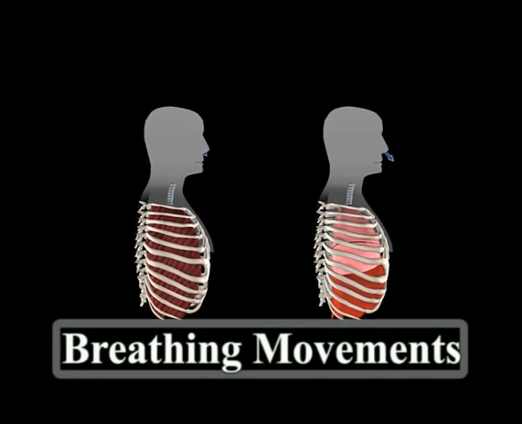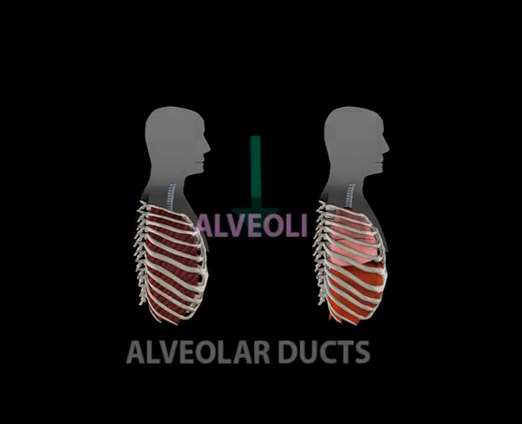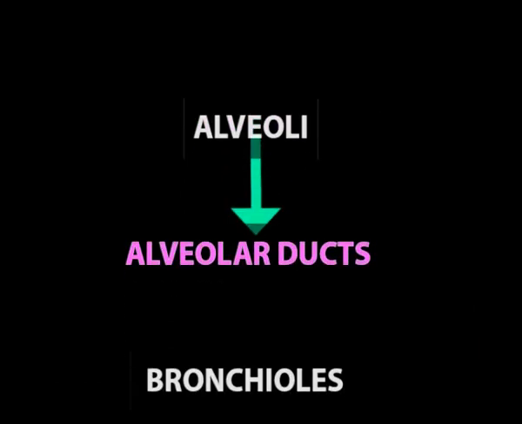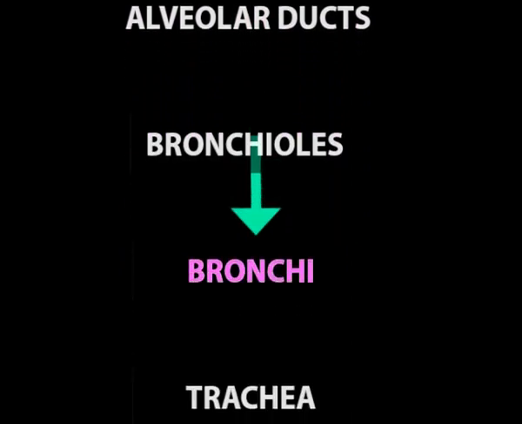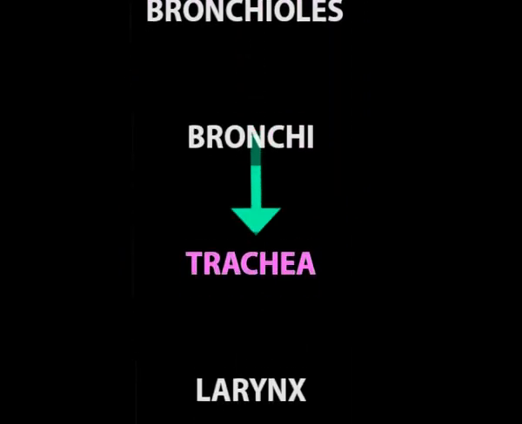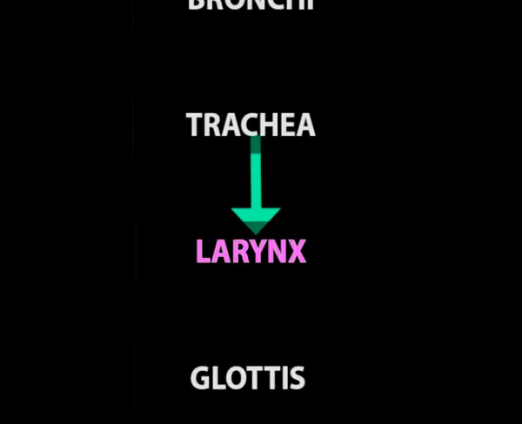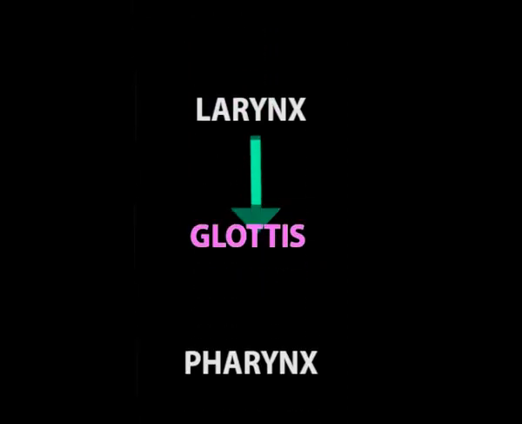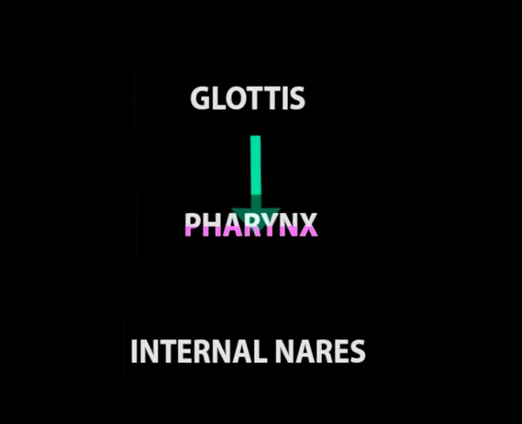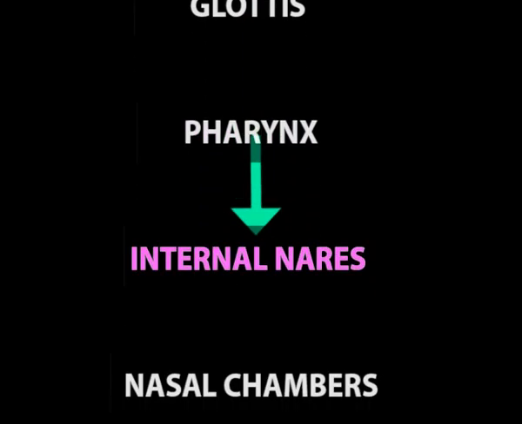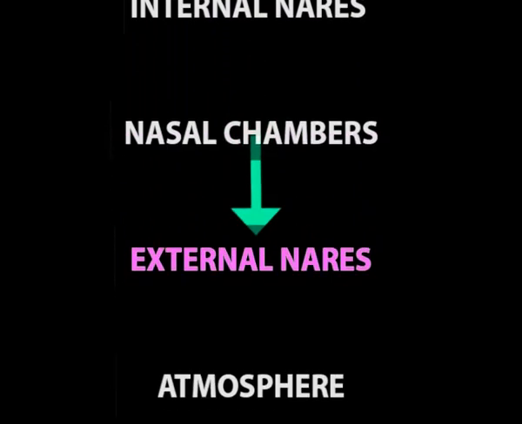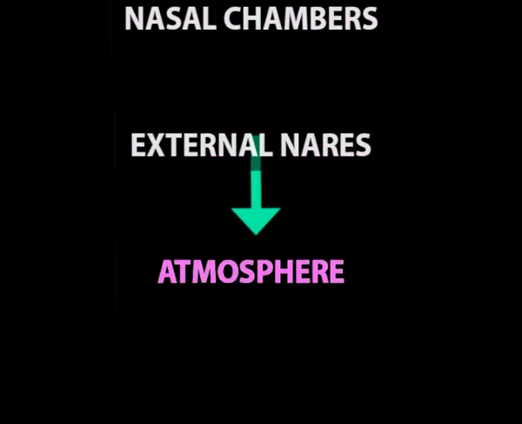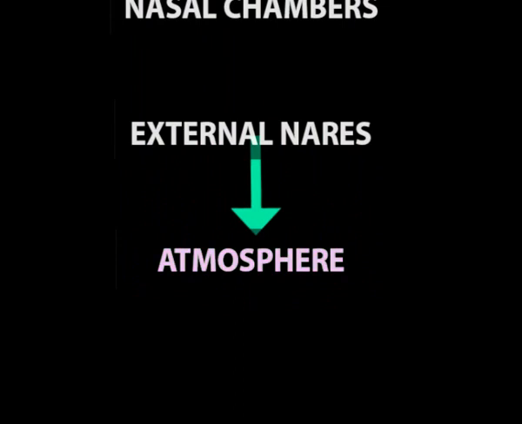The foul air follows this route: alveoli, alveolar ducts, to bronchioles, to bronchi, then to trachea, to larynx, to glottis, then to pharynx, to internal nares, to nasal chambers, then to external nares, and finally to atmosphere.